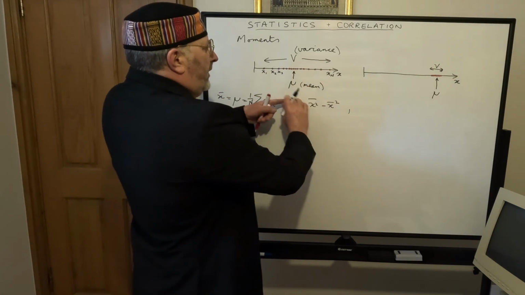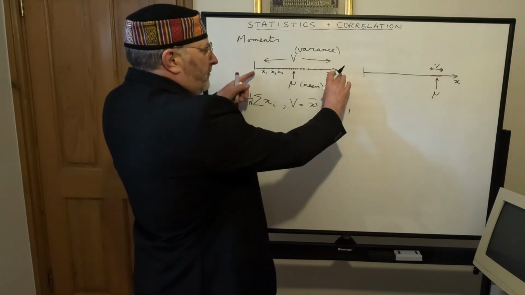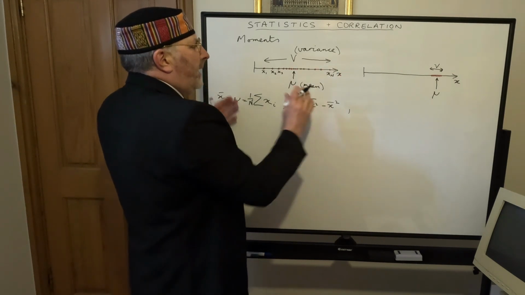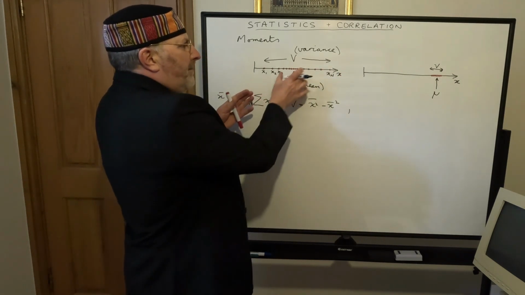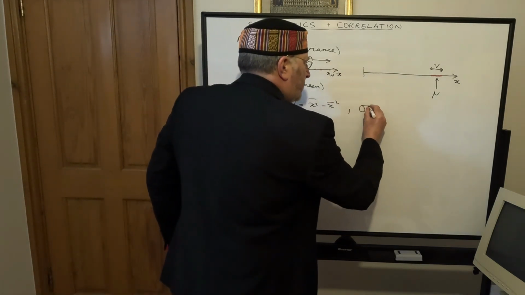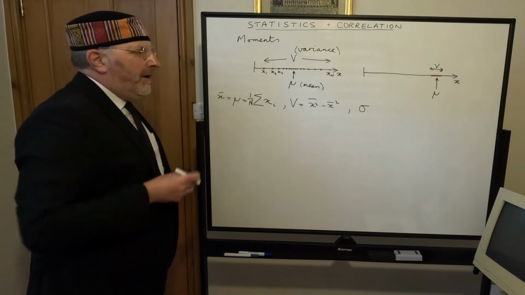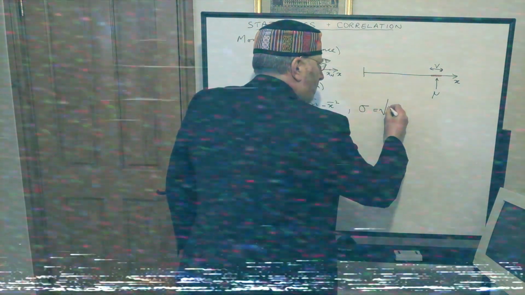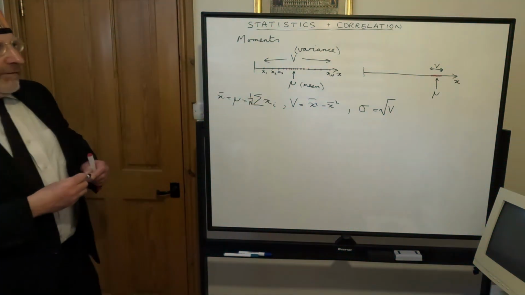Because as I say, these are squared differences. So if it's 2 away, it will be 4, and if it's 3 away, it will be 9. But if we take the square root, we're getting a better feel for the actual distances involved. And that is the standard deviation, which is normally written with the Greek letter sigma, small sigma. It's the square root of the variance.